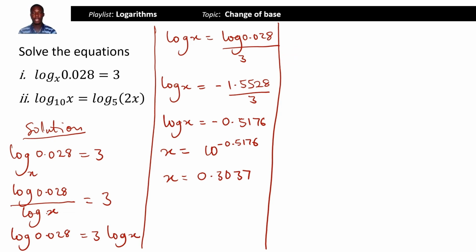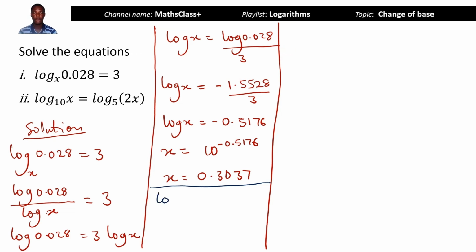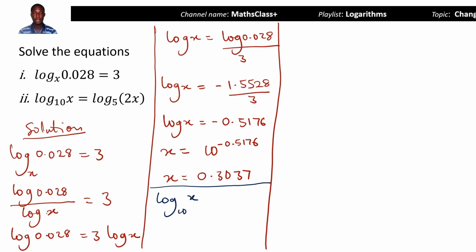Okay, so for example 2, I'll continue from here, but this time I'm using a different color. I have log to the base 10 of x is equal to log to the base 5 of 2x.